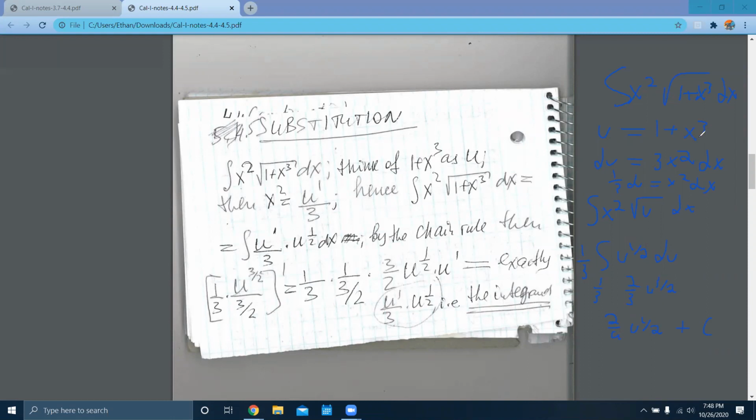Our u being 1 plus x cubed. So our final answer is going to be, I'm just going to come over here where I can write. It's going to be 2/9 of 1 plus x cubed to the 3/2 plus c. And that's how you do u-sub.